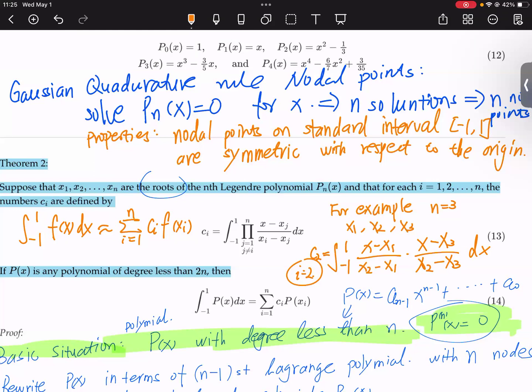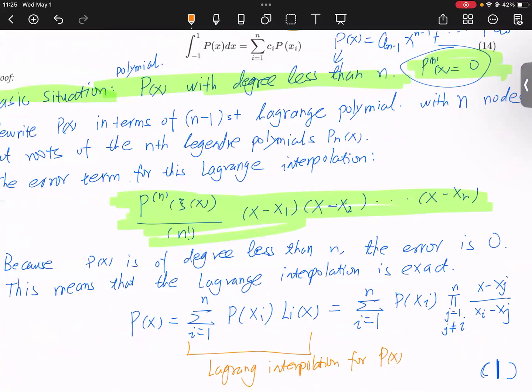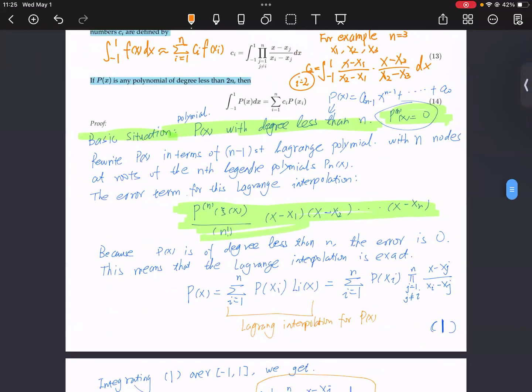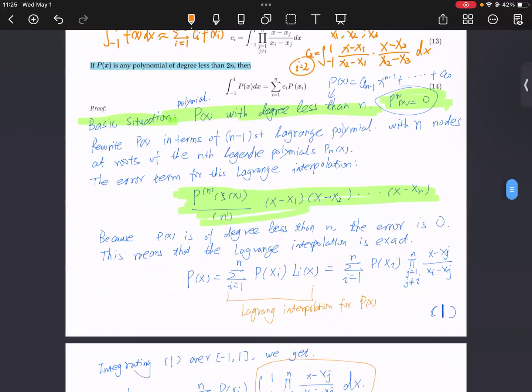This is the statement, which means it achieved the highest degree of precision. You can take a look at the proof in the lecture notes, and I will just briefly mention the structure of the proof here.